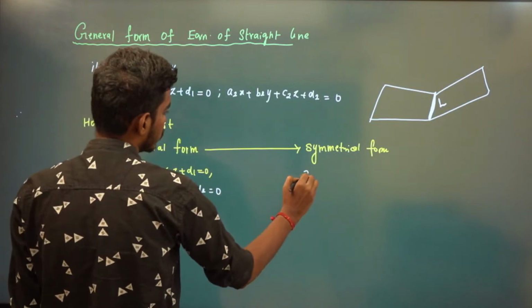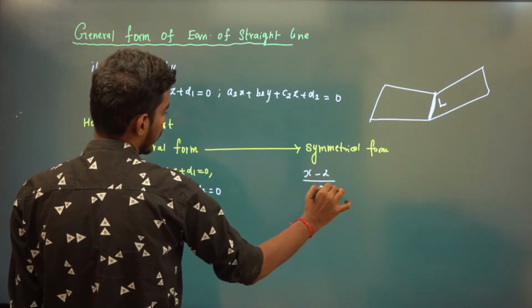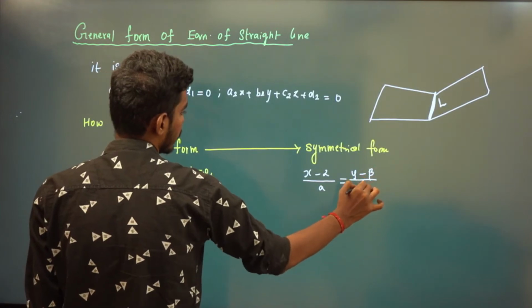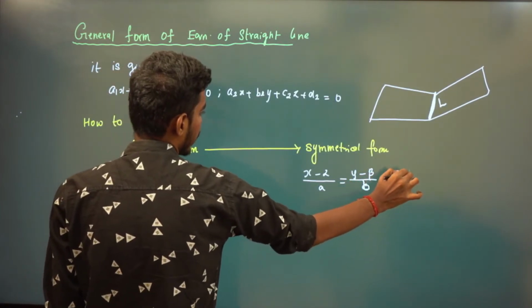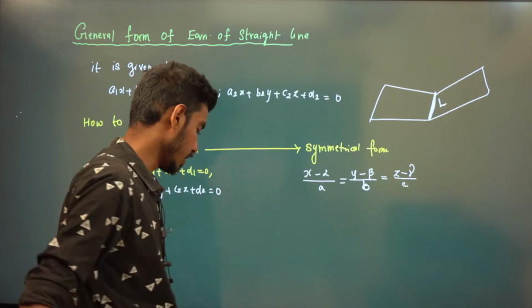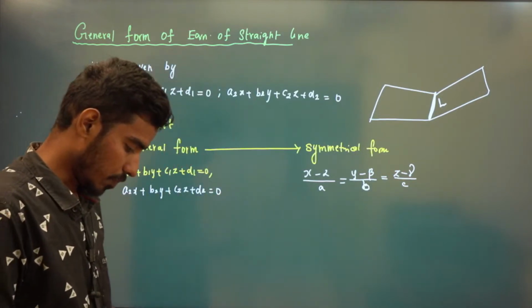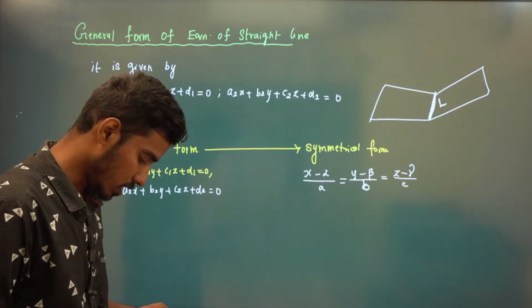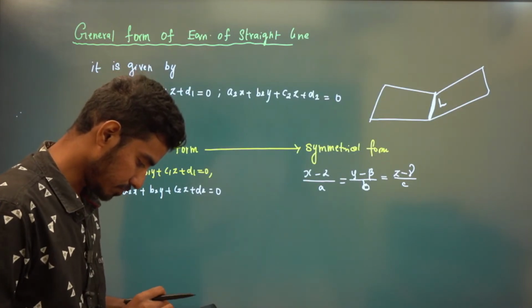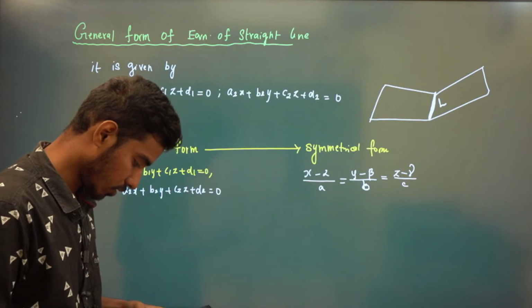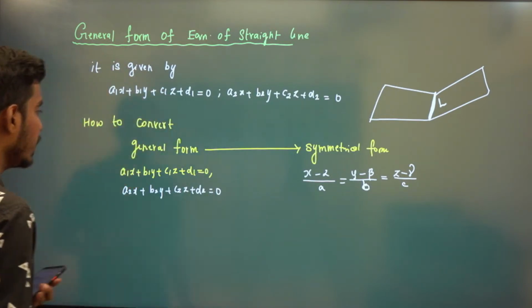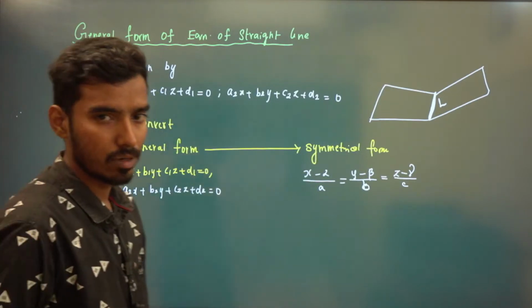You need to convert this to x minus alpha by a, y minus beta by b, z minus gamma by c. So we're going to find how to do this, right? I will take the problem directly and then I will explain.